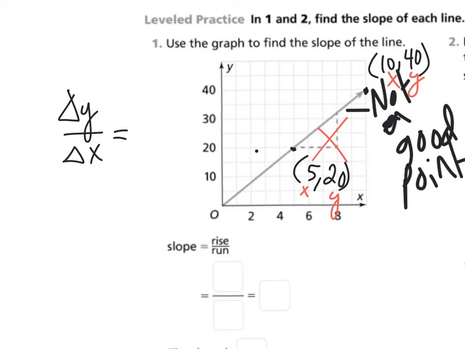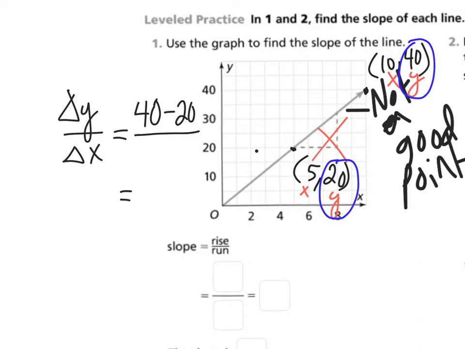So change in y, I'm thinking about that my y went from 20 to 40. To find the change, basically we're subtracting those. If you wanted to actually have some work to show what you did, you could say let's take 40 minus 20, and that tells me how much we changed by. So the change in y would be 20.